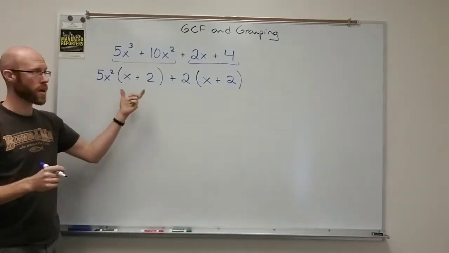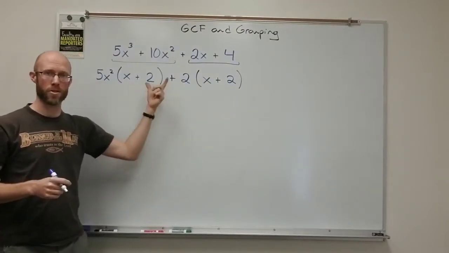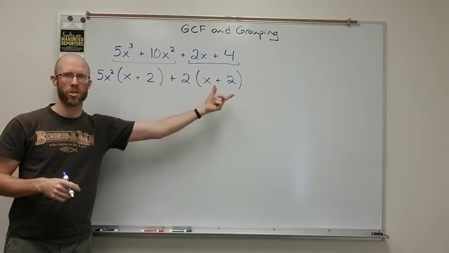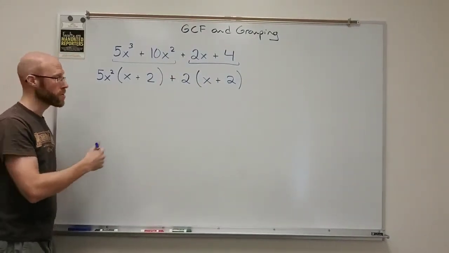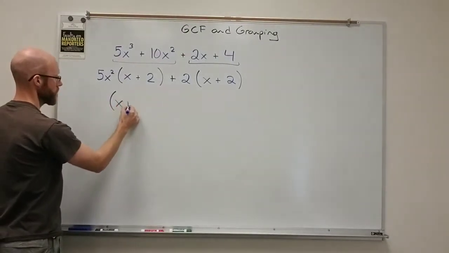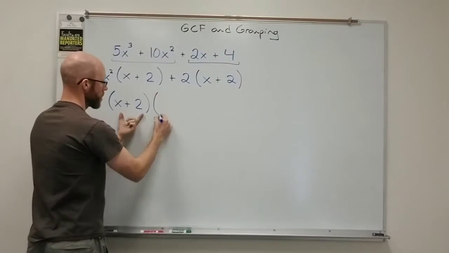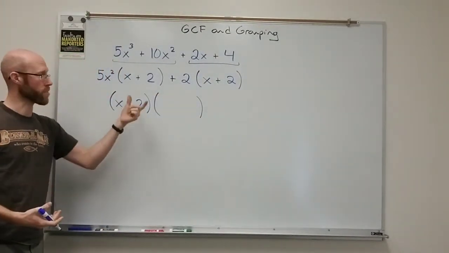Now notice I have a common binomial. It's x plus 2. And as long as that binomial is the same in each term, I could factor it out as a greatest common factor and then leave in parentheses the remaining factors after they're pulled out.